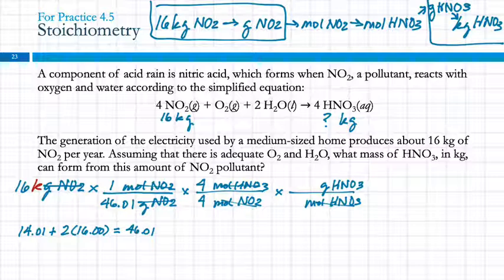And then at the end, I need the molar mass of nitric acid, which is 1 hydrogen and 1 nitrogen and 3 oxygens.